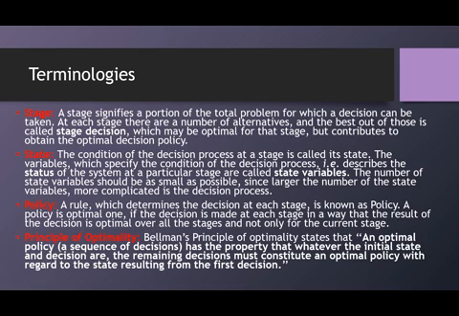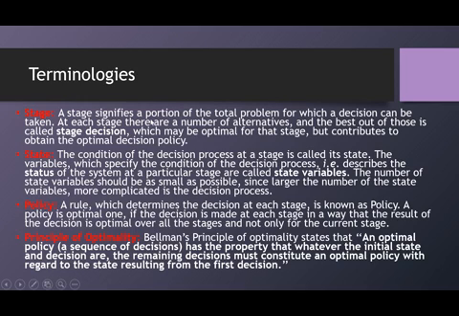You have an entire problem, so this problem is not dealt with as a whole. We consider a portion of the problem, in such a way that you can make decisions or find the solution for an individual portion, right? So such a portion of the total problem is called a stage.